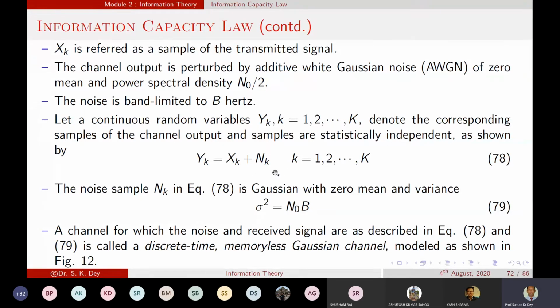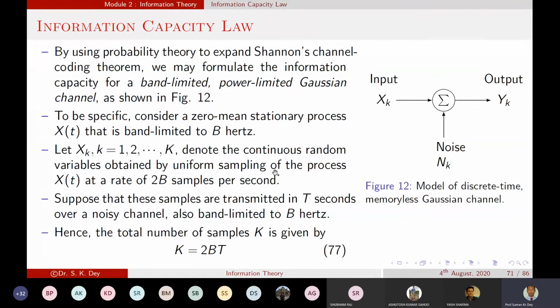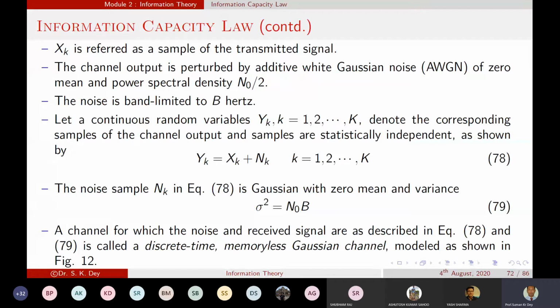Is that expression clear? This expression is coming from this equation: Yk is equal to Xk plus Nk. And one thing we already discussed is that the two samples are statistically independent of each other.